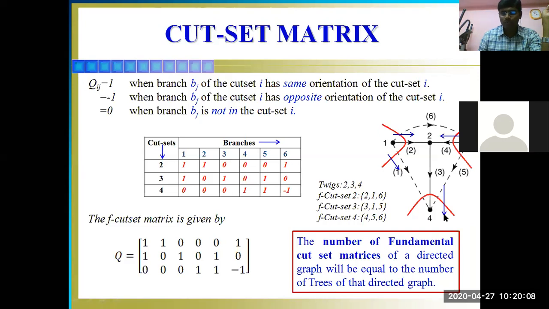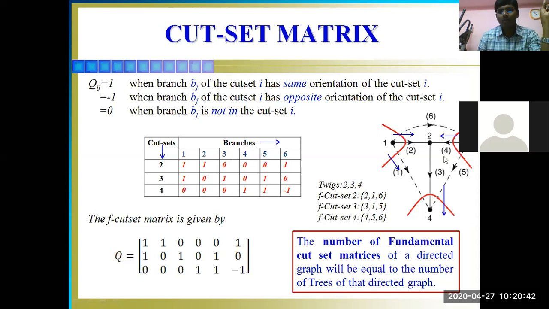So therefore, for 3, the direction is similar to the twig direction, so it is +1. Coming to 1, the direction is also into node 4, similar to the twig direction. So for the first one, it is also +1. Coming to 5th, the direction is into node 4, similar to the twig. So for 5th also, it is +1. Remaining all are zeros.